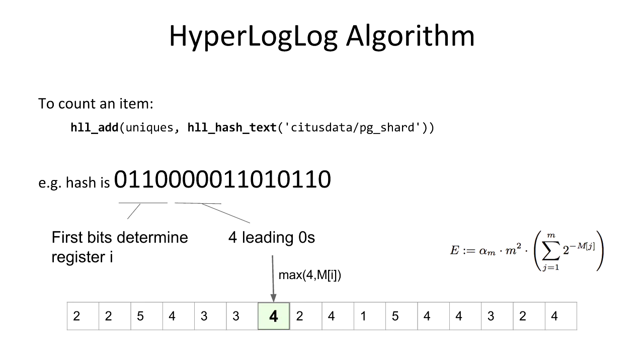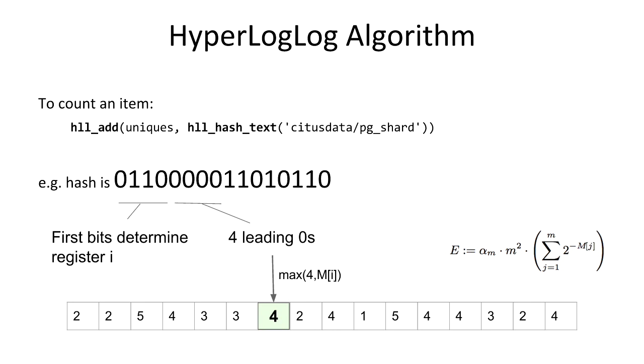The stream is determined by the first few bits of the hash value. Because it's a hash, each item will be randomly assigned a stream, but when you see the same item again, it will go into the same stream. And it counts in the hash value the number of zeros from this point. In this case, 4 leading zeros.